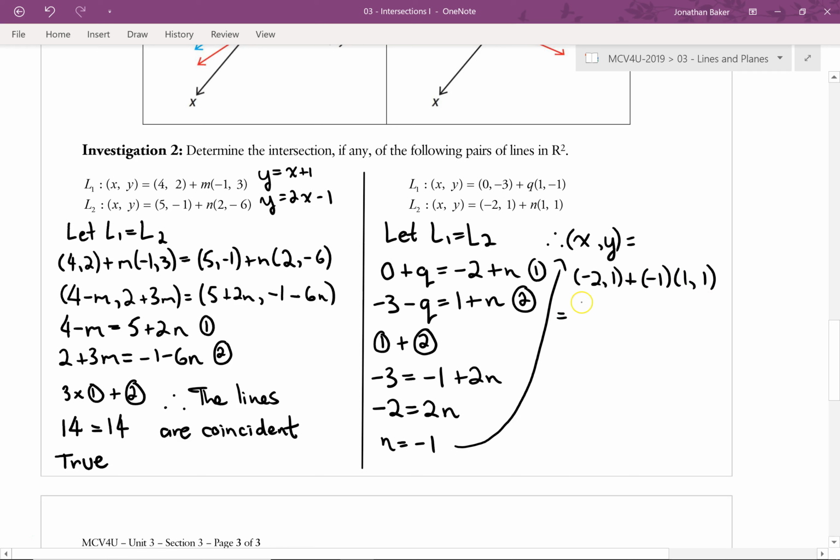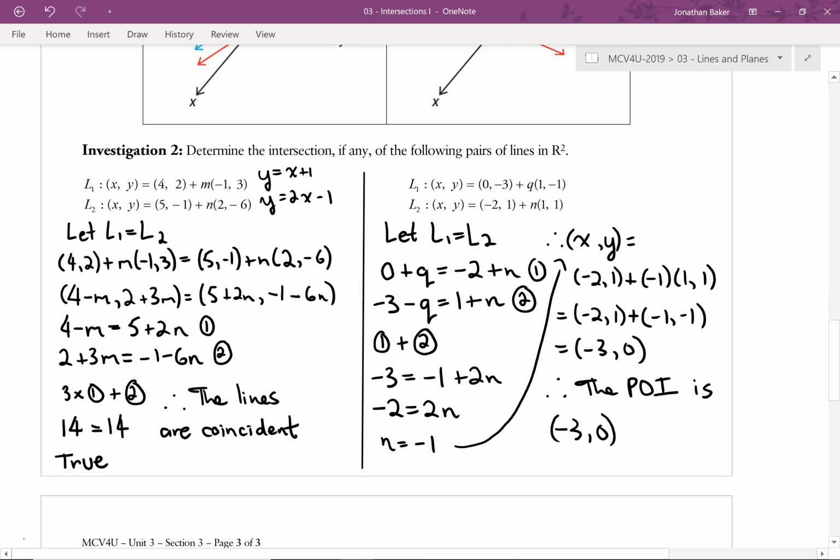Right, so this will be equal to, let's see, negative 2 comma 1 plus negative 1 comma negative 1, or minus negative 1 comma negative 1, or positive 1 comma 1. Really, we can add these up. We're going to have negative 3 comma 0. And so we can say, therefore, the point of intersection, POI, is negative 3 comma 0.